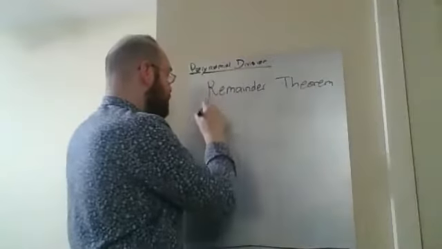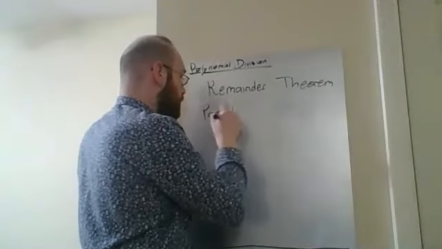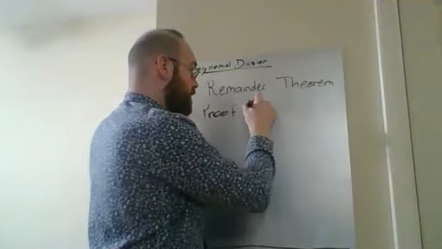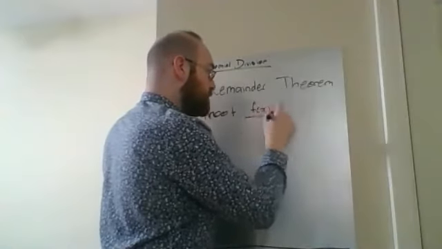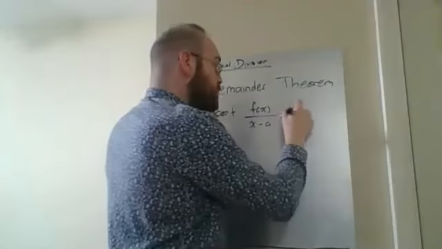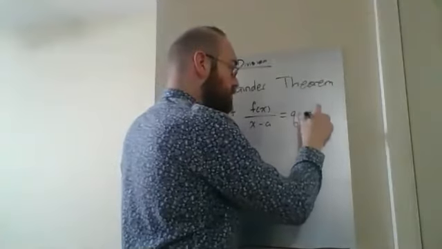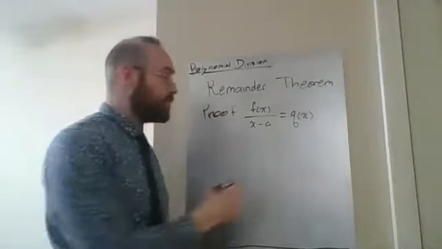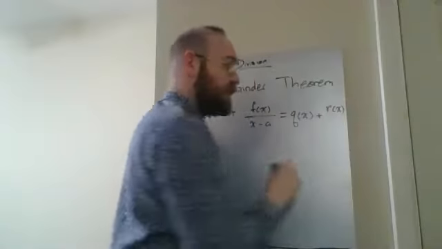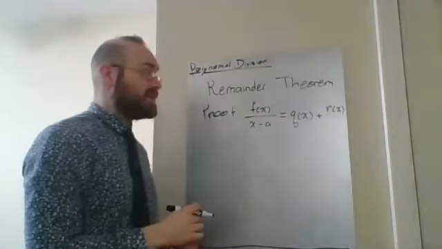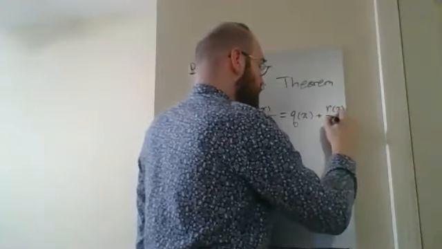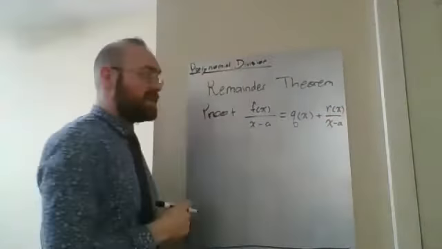So our proof says we have our function f of x divided by x minus a, and this is equal to some quotient, which may be a polynomial, plus a remainder, which I'm writing in function notation because it's part of a polynomial, divided by x minus a, which is what we're dividing by.